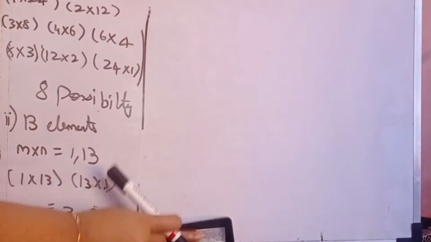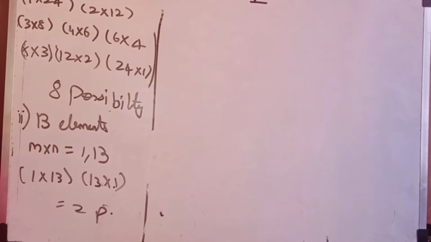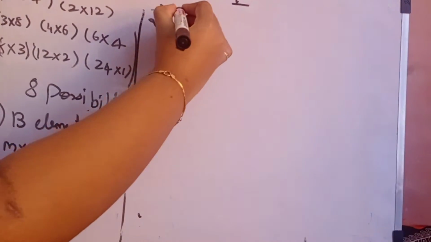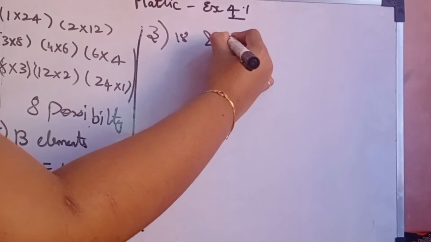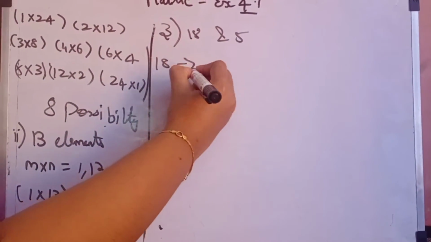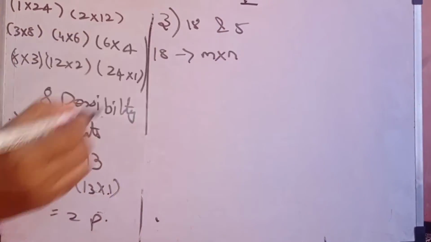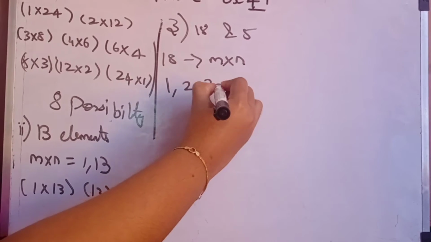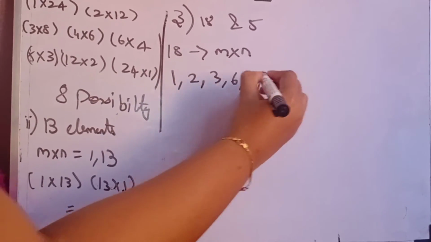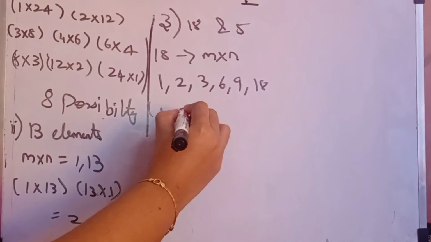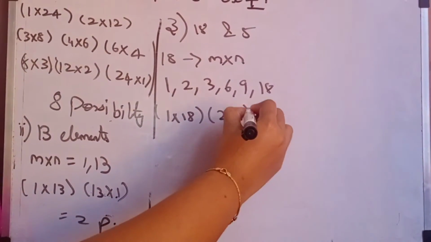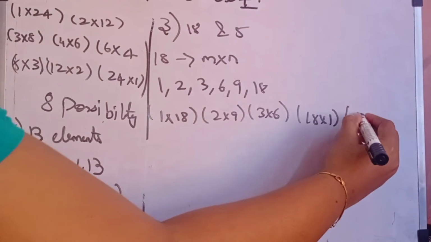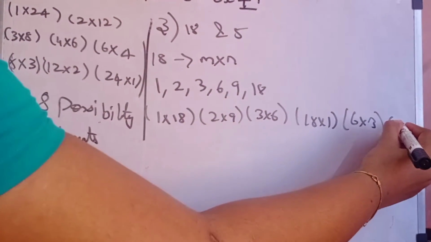Okay. Next sum. Third one is given the same, for 18 elements and 5 elements. For 18 elements, you need to find the m into n possibilities. What are the possible factors? 1, 2, 3, 6, 9 and 18, right? So how can we pair: 1 into 18, 2 into 9, 3 into 6, 18 into 1, 6 into 3 and 9 into 2.